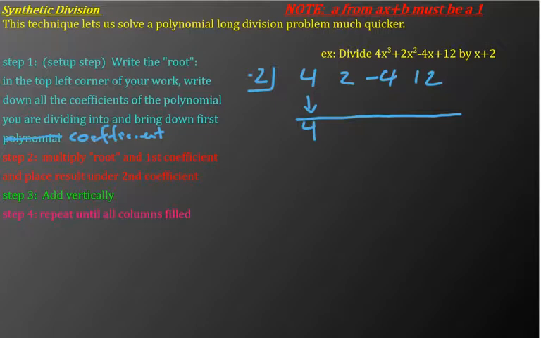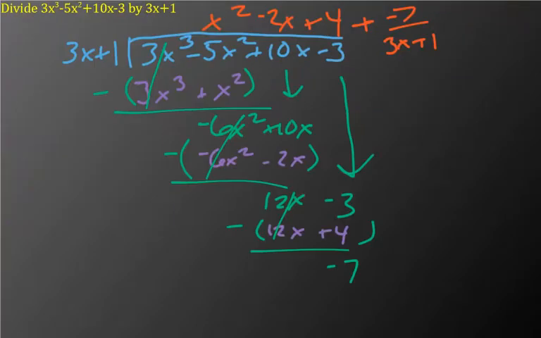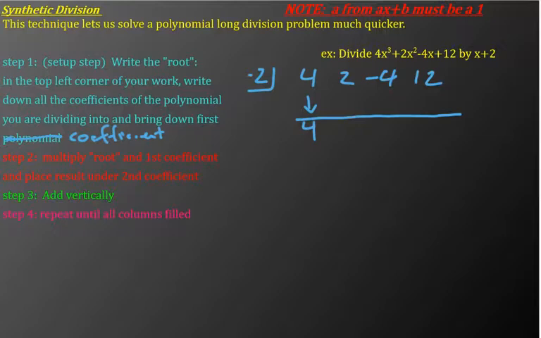And then step 2 is where, like in long division, we multiply. Here I'm multiplying the root, -2, by the first coefficient, which is this 4 that I brought down.